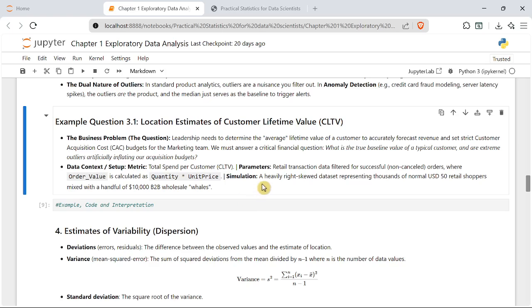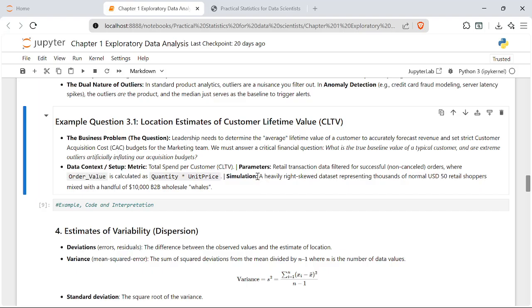But here is a catch. Real e-commerce data is almost never a perfect symmetrical bell curve. We are going to intentionally build a heavily right skewed data set.